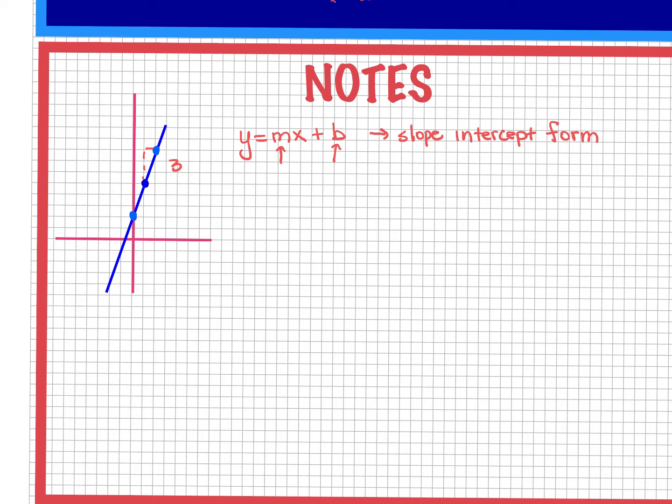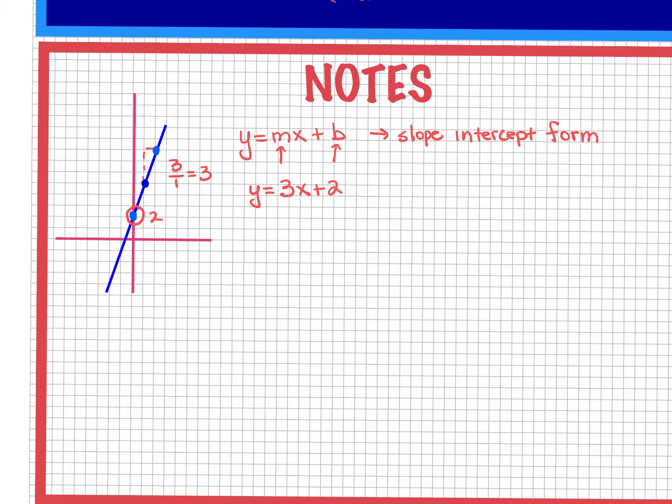So the slope is 3 over 1, or 3. And I know the y-intercept right there at 2. So since I know the slope and the intercept, I put this into the slope-intercept form, and I get y equals the slope, 3x, plus the intercept is 2. Really easy, and I told you that that's pretty much my favorite favorite form, the slope-intercept form.